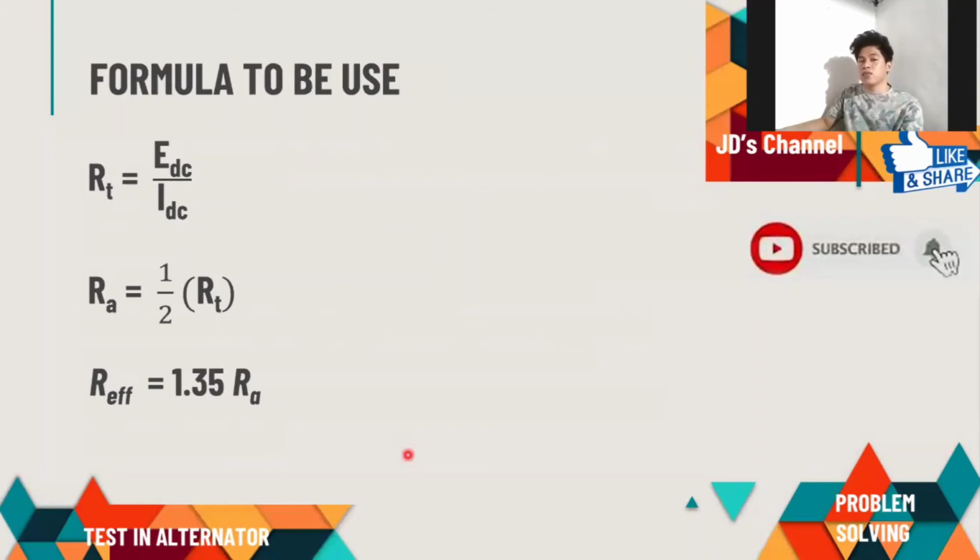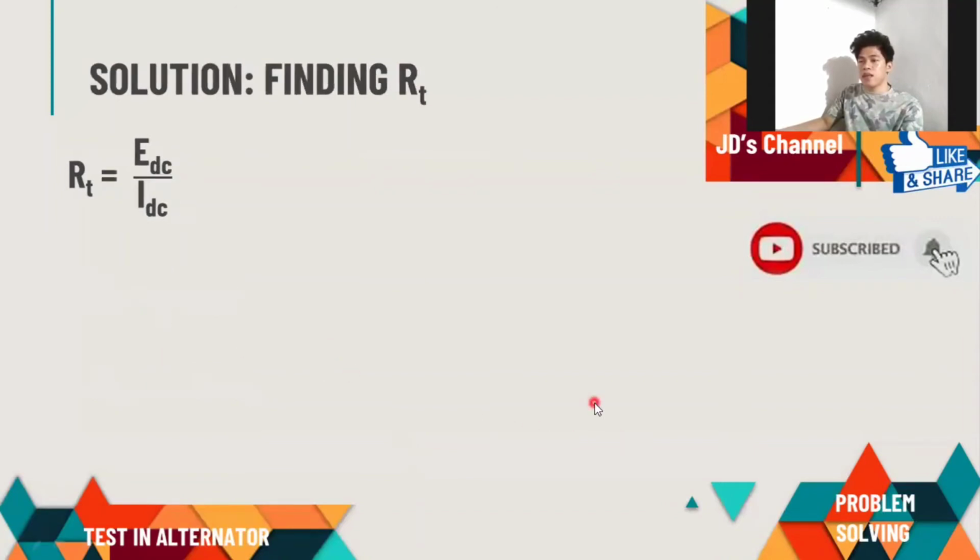RA is equal to 1/2 of RT, and then our effective value, that is 1.35 RA. So finding the RT, let's proceed to the solution.